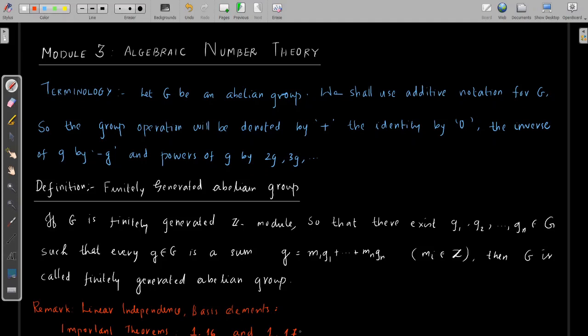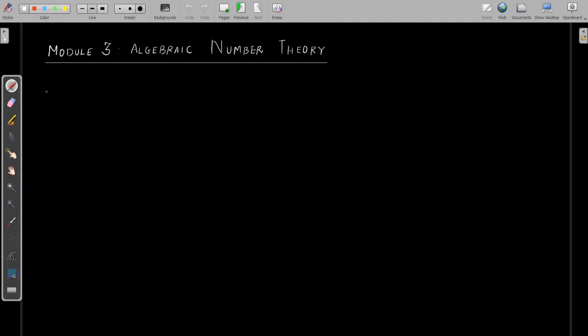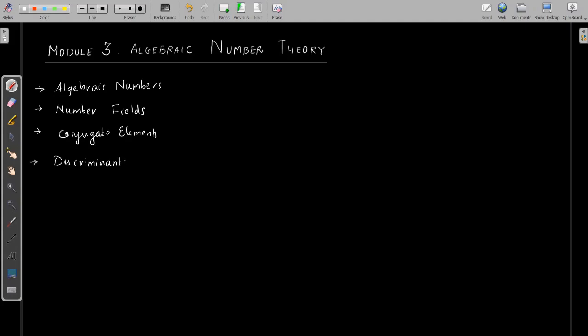In the second chapter, you need to review some properties of algebraic numbers and number fields. Probably this will be a new definition for you. A number field is an extension field with some property. Then conjugate elements, then discriminant and properties of discriminants. Then you can think of algebraic integers.